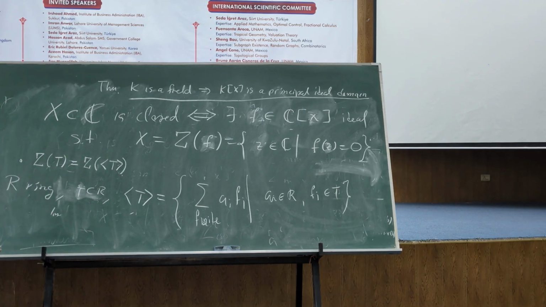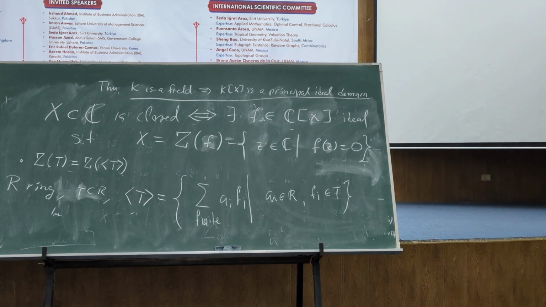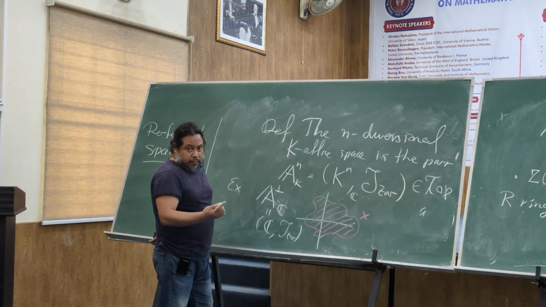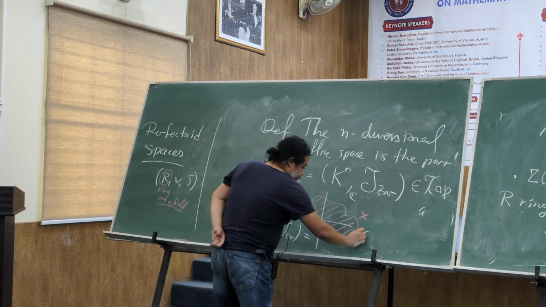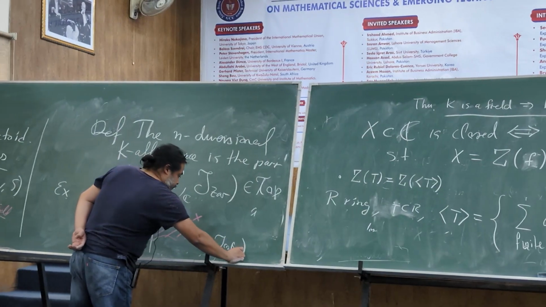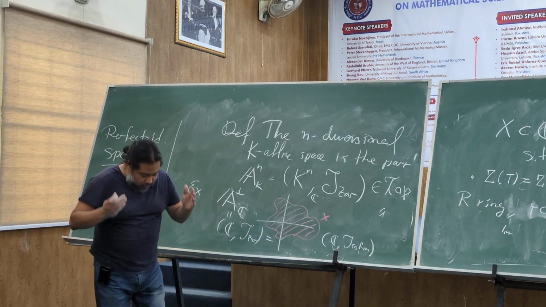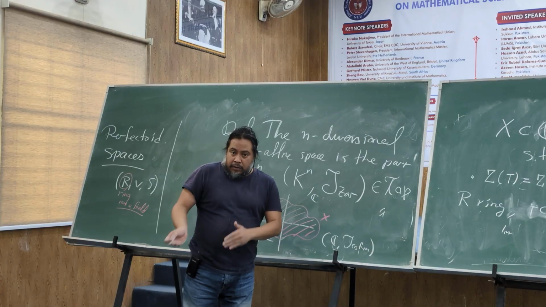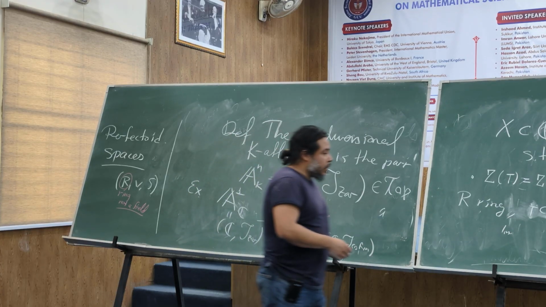So for A1C, which is C, the Zariski topology is equal to the cofinite topology, in which an open set is an infinite set, the empty set, or the total set.